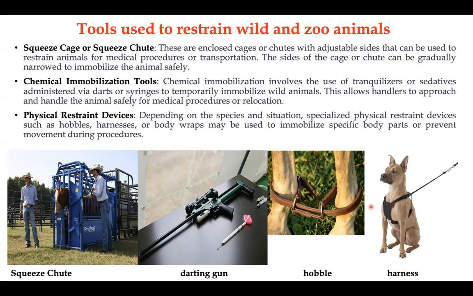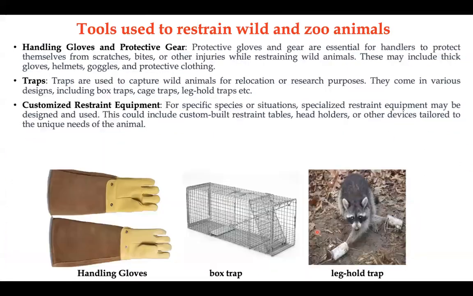And the harness and the body wraps are particularly for dogs, to make them more docile when some particular portion of the area is covered or protected, so they do not get enough strength to run away from the owner. So this is a restraining tool.